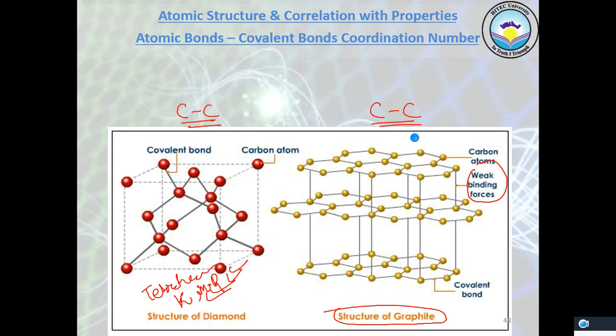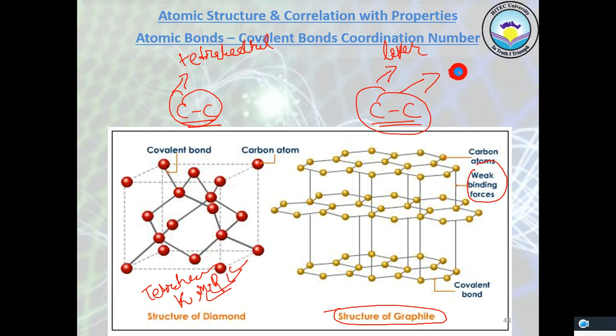But what is the main difference? The carbon atoms in graphite will make a layer structure, and in case of diamond it will make a tetrahedral structure. In addition, the attraction between layers will result in the formation of weak binding forces.